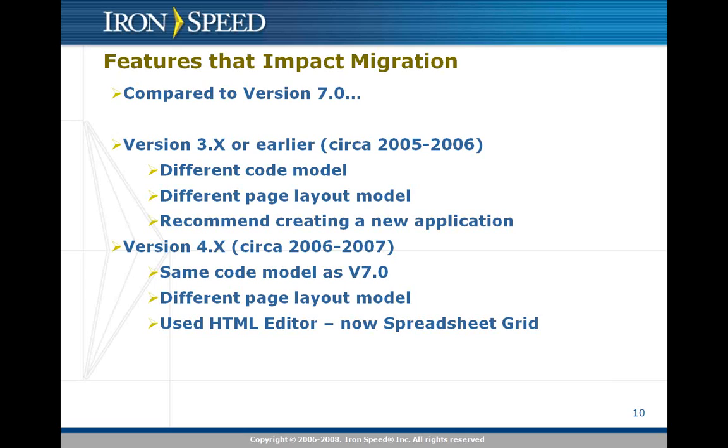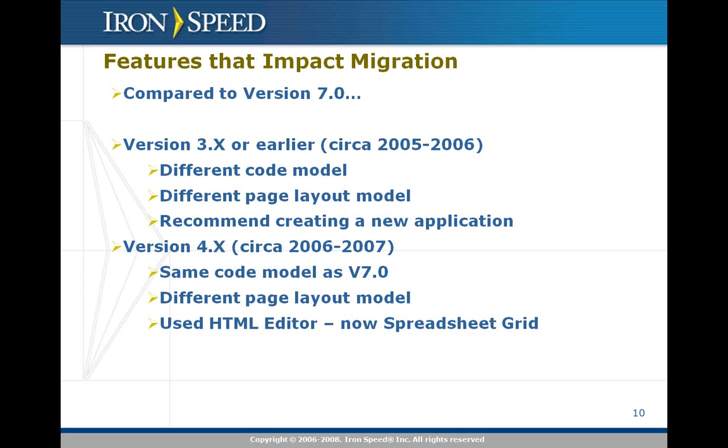Also, many things have changed. Almost every one of the code customizations that you probably implemented in version 3.x has now been implemented in some way or other as a feature in Iron Speed Designer, or is much easier to do using formulas. So that's our recommendation for 3.x applications.